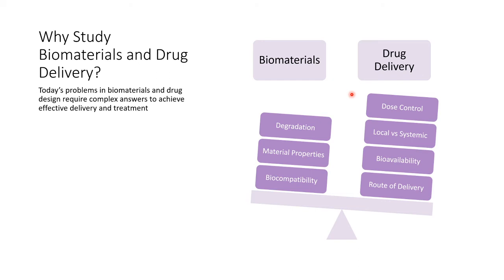You can solve that with biomaterials. There's also an issue of local versus systemic delivery in drug delivery. So if you only want your drug to be at, say, a particular muscle, if you inject it through the vein, it's going to reach other parts of the body. So you can also keep a drug at a certain place in the body using biomaterials.